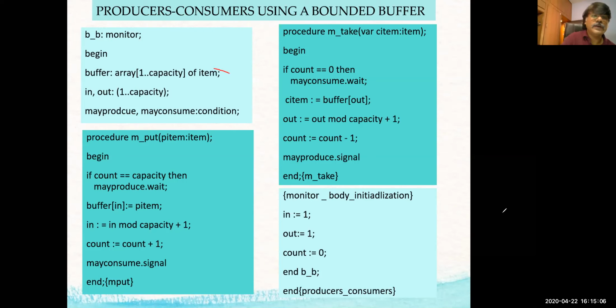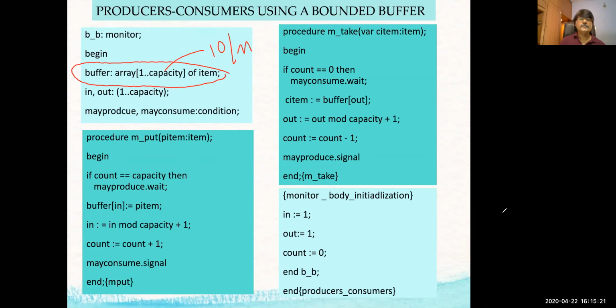So this buffer is an array. Size of the array is 1 to capacity. Capacity can be 10, 11 or whatever it might be. It can be 1 to n. Item can be a data type. This data type can be of integer type or float type or whatever you want. In and out are 2 pointers.